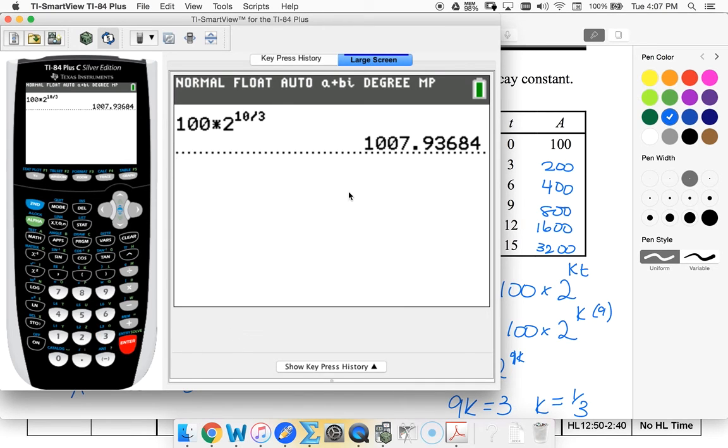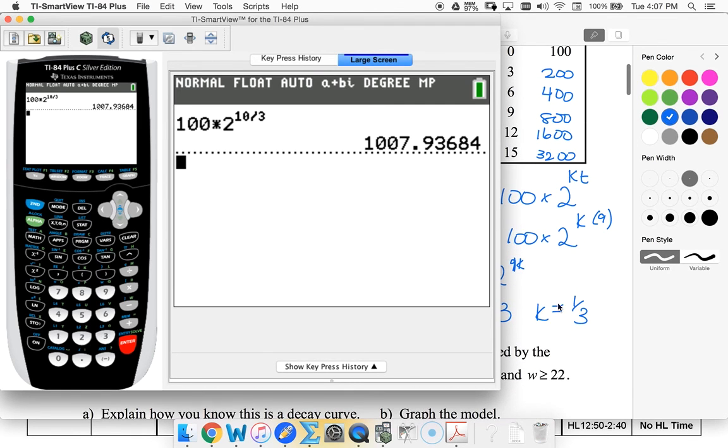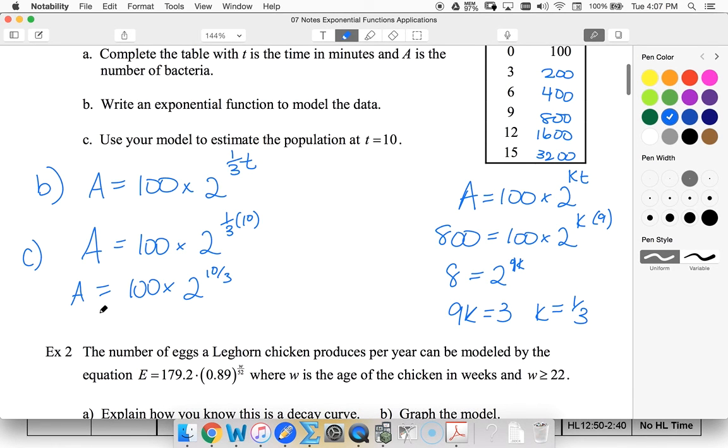And I get that my population is about 1,008, but I don't say 1,008 because I haven't actually hit the 1,008 yet. So my population is about 1,007. So about 1,007 bacteria.